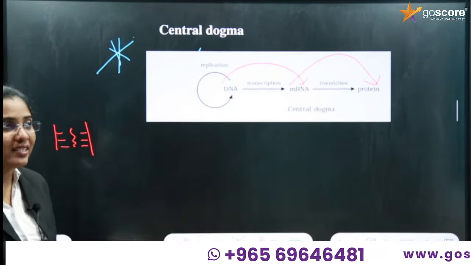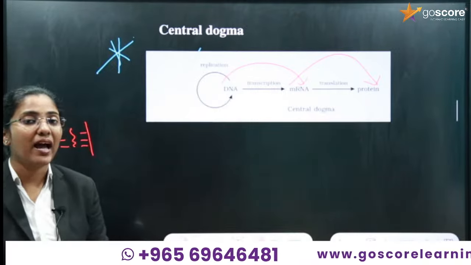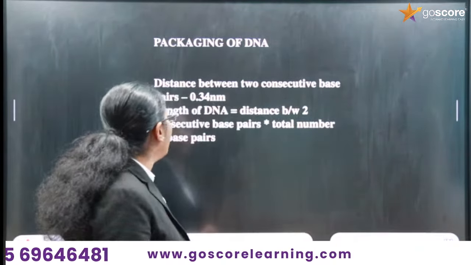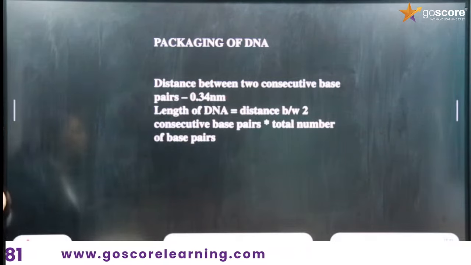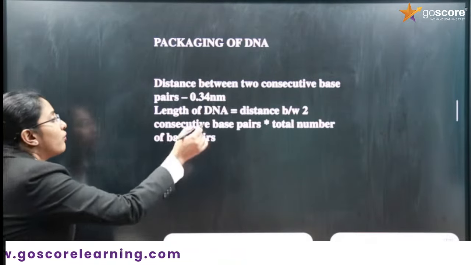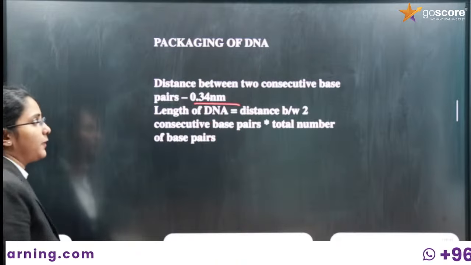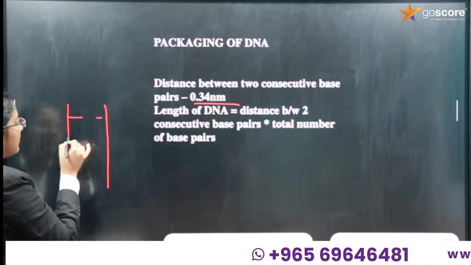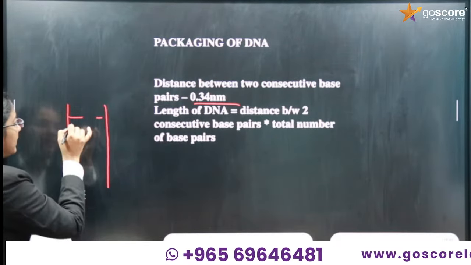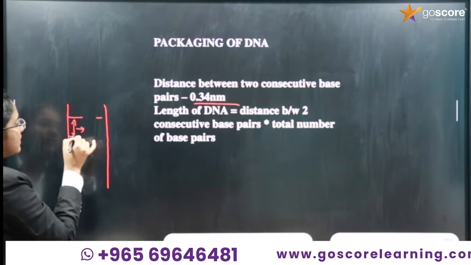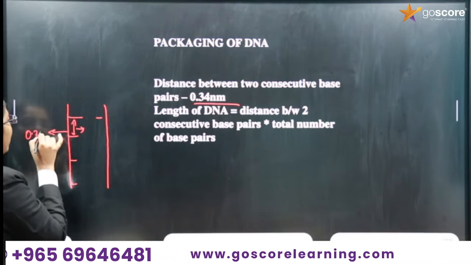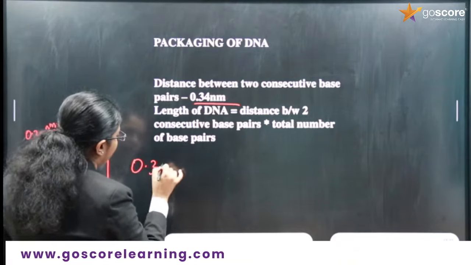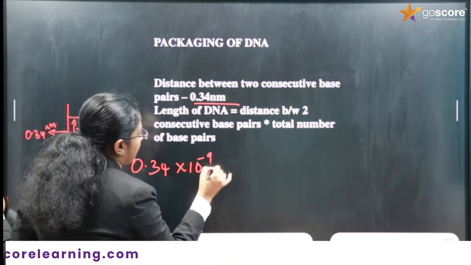So let's see how this DNA is being packed inside the nucleus. The distance between two consecutive base pairs is always 0.34 nanometer. If you consider one base pair here, then the second, third, and fourth base pair, the distance between these base pairs will always be 0.34 nanometer, or we can write it as 0.34 into 10 raised to minus 9 meters.